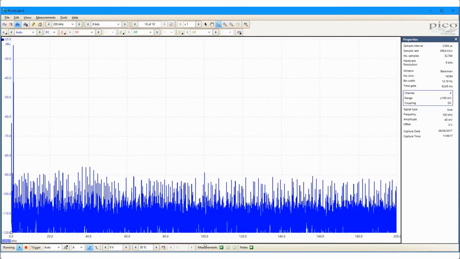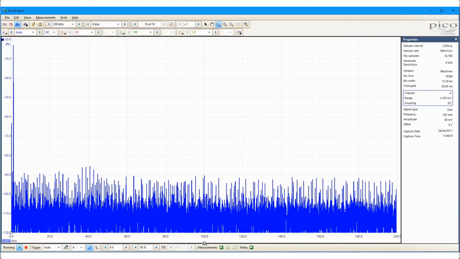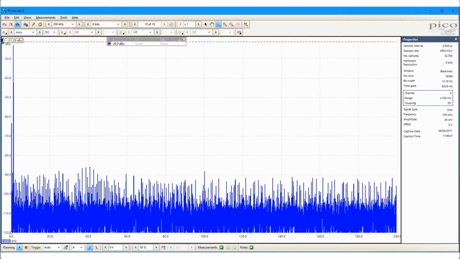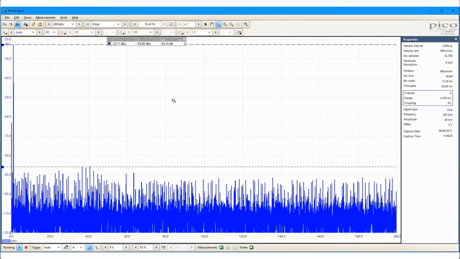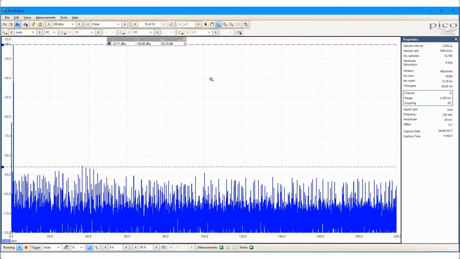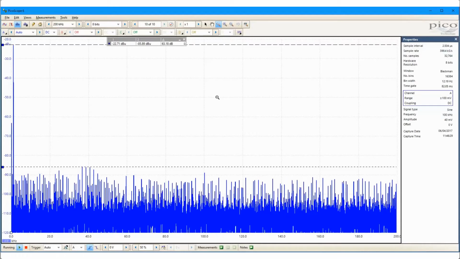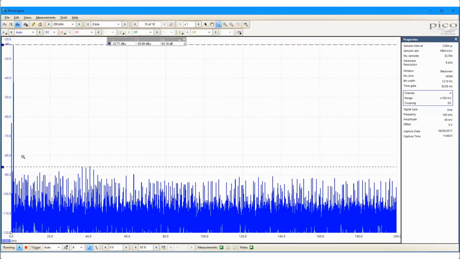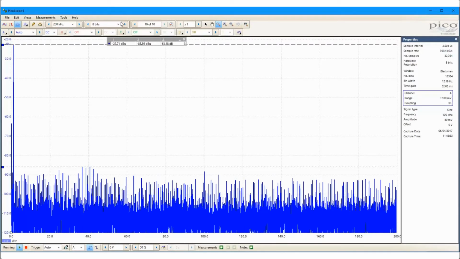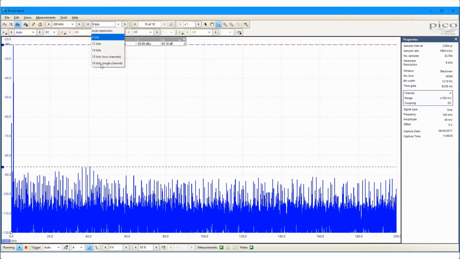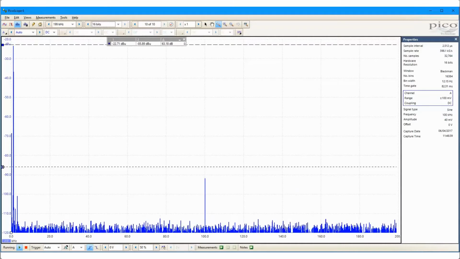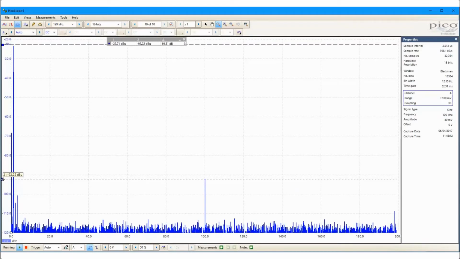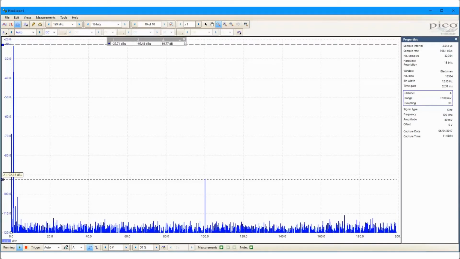A quick measure using the rulers shows a spurious free dynamic range of about 63 dB, which is also confirmed using the automatic measurements. Next, I select 16-bit mode and see what a difference it makes. The harmonics fall away now, leaving the low-level 100 kHz signal clear to see despite being over 70 dB down on the main signal.